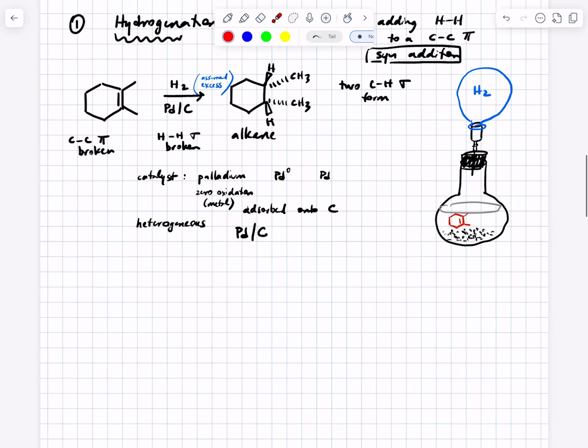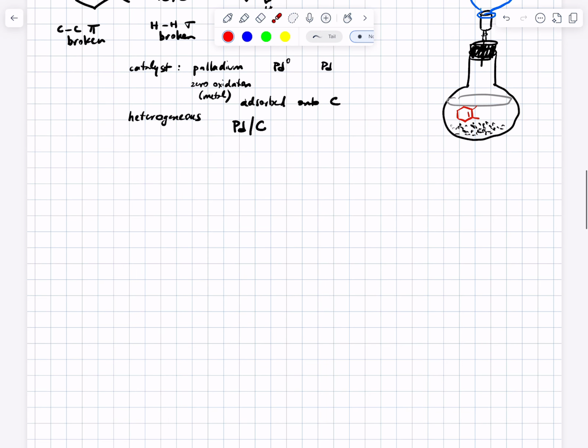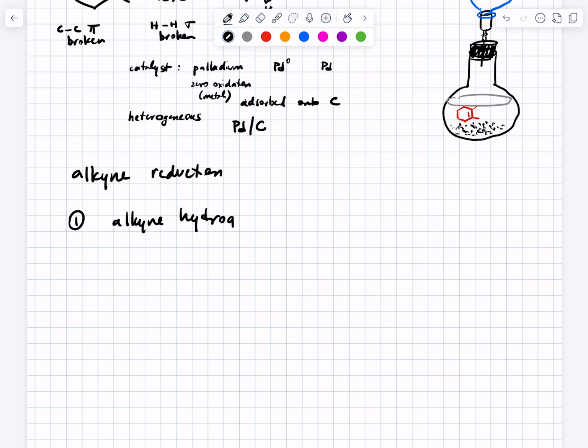So let's talk about alkyne hydrogenation. There are basically three methods for alkyne hydrogenation or alkyne reduction. The first is alkyne hydrogenation using palladium on carbon. This will take the alkyne all the way.